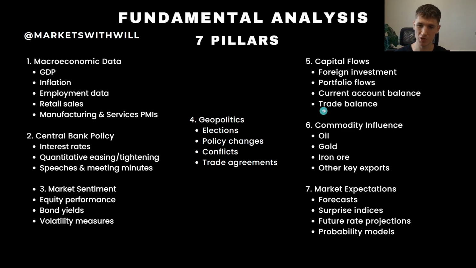Number 6 is commodity influence: oil, gold, iron ore, other key exports, and also those are safe havens. So typically when there's uncertainty in the United States dollar or the economy as a whole, and maybe the economy isn't doing so well, investors typically tend to reallocate their funds, their capital, to safe havens like commodities such as gold, oil, iron ore, and copper as well.